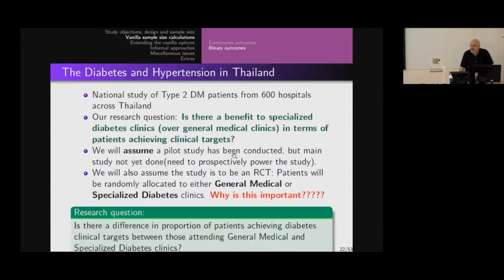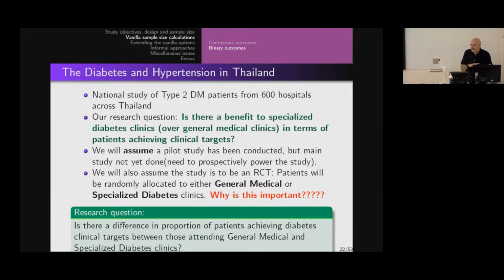So let's consider an example, a national study of type 2 diabetes patients. Diabetes is my favorite disease, I always talk about it. From 600 hospitals across Thailand. This is actually a real study. Our research question is, is there a benefit to specialised diabetes clinics? Okay, so these are clinics that had specialists in them.